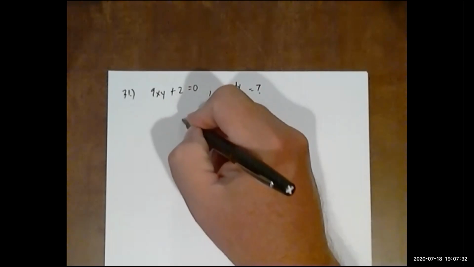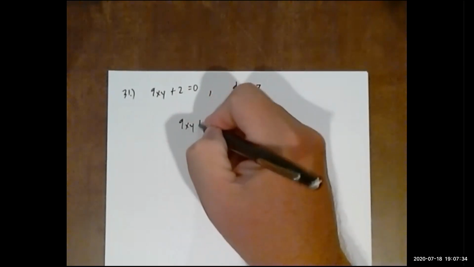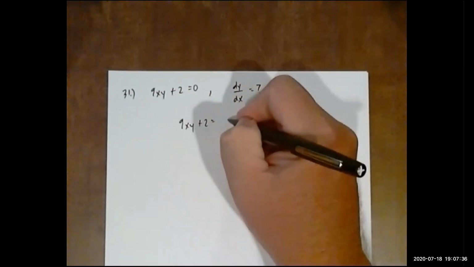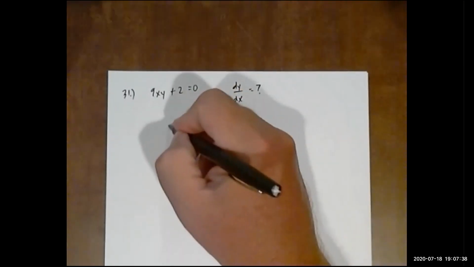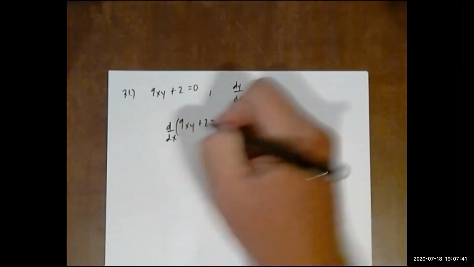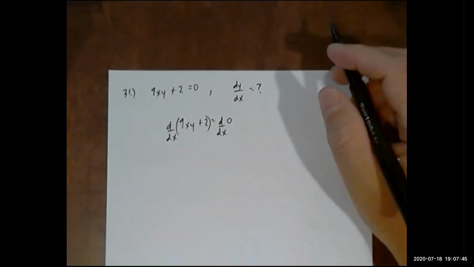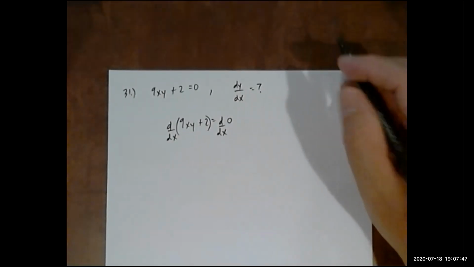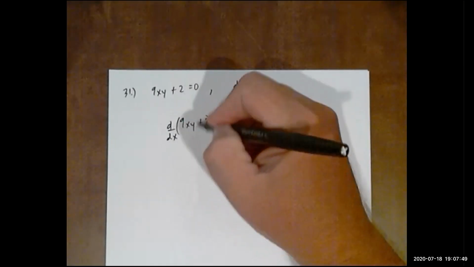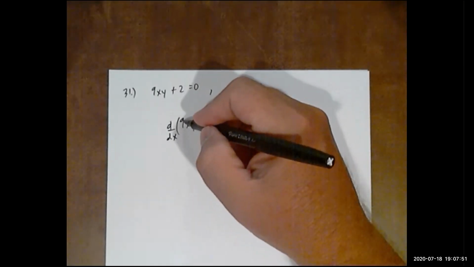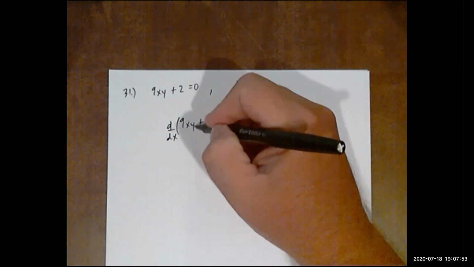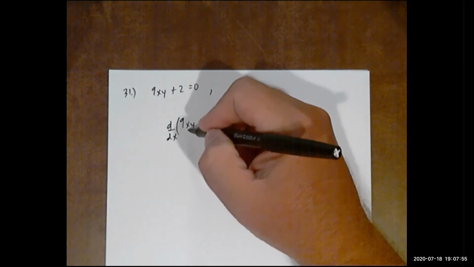So normally what I do is, in a sense, really what you're doing is taking the derivative. You could think of it as taking the derivative of both sides of the equation. So I'm going to take the derivative of 9xy. Of course, the 9 is just a coefficient, but x and y, that's two different variables.